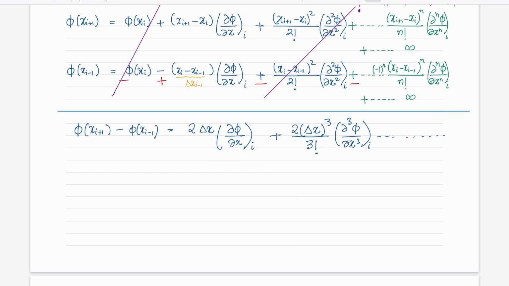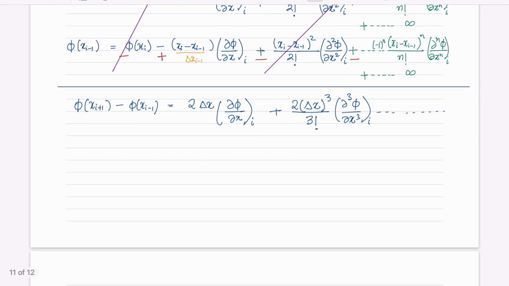So I can bring out the terms on the other side of the equal to sign. So what I may end up getting is that this del phi over del x at my interesting location, the index I, would be phi of x_{i+1} minus phi of x_{i-1} divided by 2 delta x, and my first term that remains on the other side would be delta x raised to power 2 over 3 factorial.